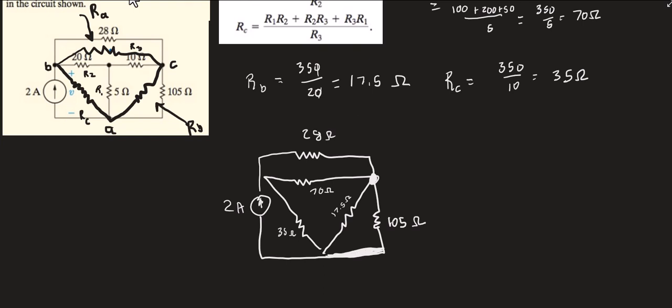That makes these parallel. So our equivalent resistance, 17.5 parallel 105, is product over sum: 17.5 times 105 over 17.5 plus 105, and no, I am not going to try to do that.